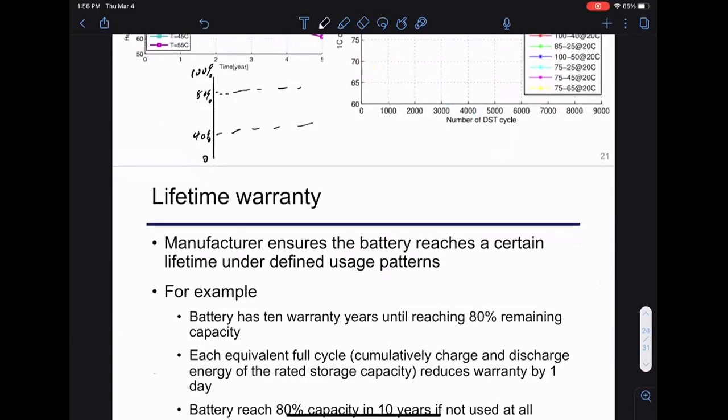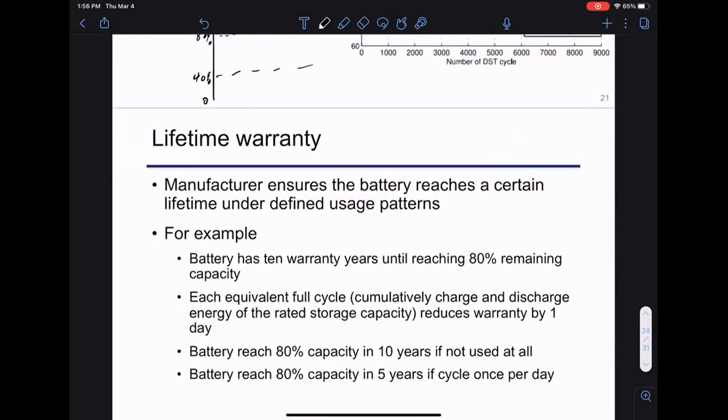And the reason we say that if you operate very aggressively you don't have a battery is that batteries basically have a warranty. If you stay within the limits in the warranty, the manufacturer guarantees nothing bad will happen.